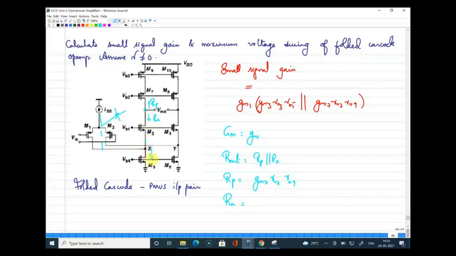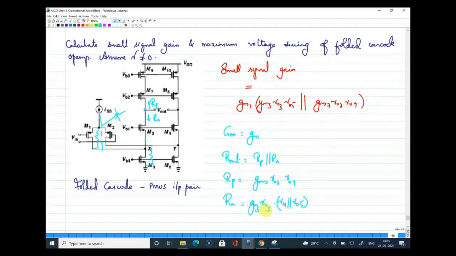One is ro5 here, and another one is this branch, ro1. So it is ro1 parallel to ro5, which will be magnified by gm3 ro3. This will be the resistance looking down the branch. So the small signal gain will be gm1 multiplied by Rout. All right. So what about the voltage swing?